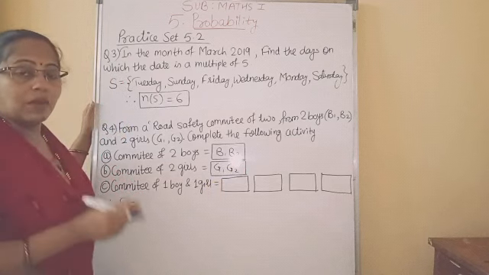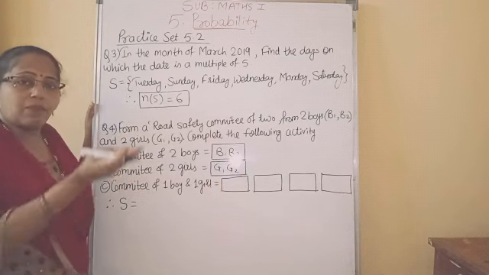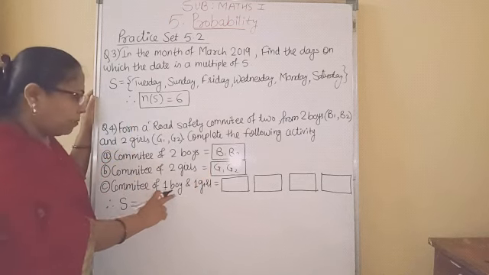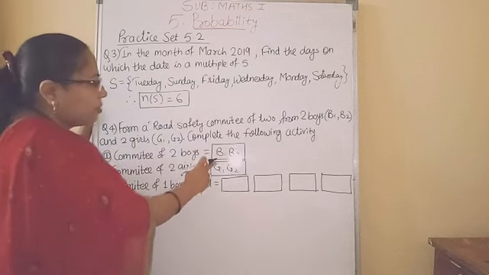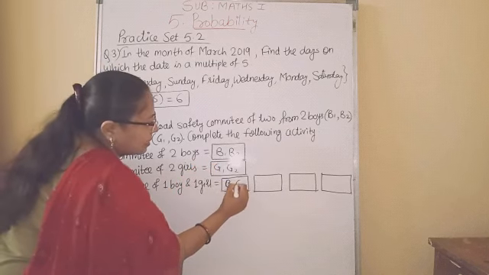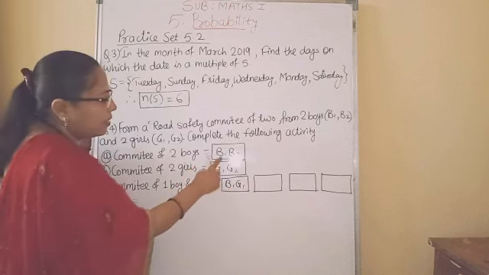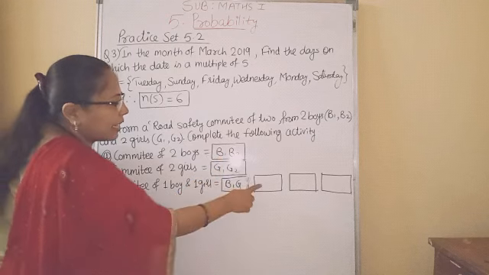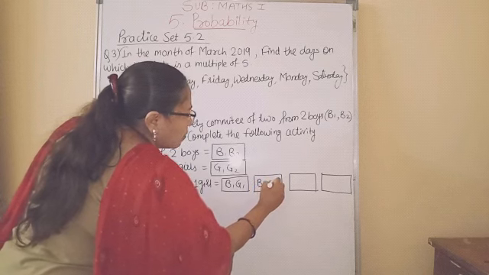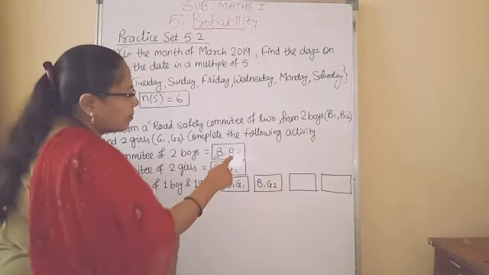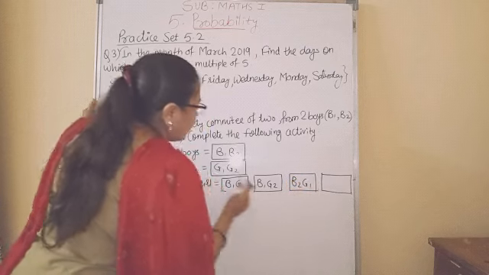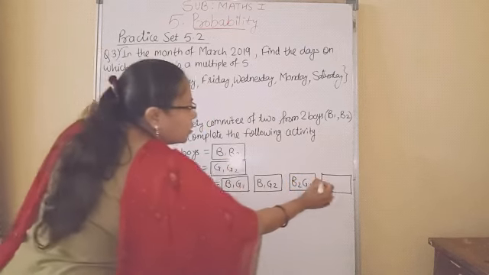Now third possibility is maybe there will be 1 boy and 1 girl. If you take first boy B1, we will get the girl G1. B1, G1. Second committee is B1, G2. Third committee is B2, G1. And fourth committee is B2, G2.